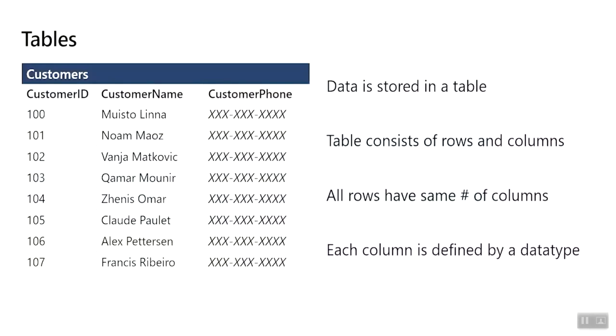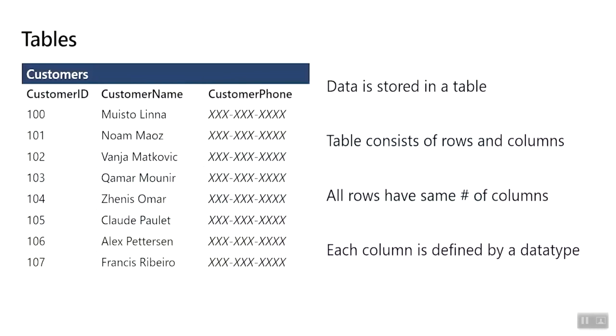For example, an e-commerce system might use a database to record information about the products that this particular e-commerce site or organization might sell, as well as some of the details of their customers and the orders that they've placed. So we have a customers table here which stores the customer ID, the customer name, and the customer phone number.